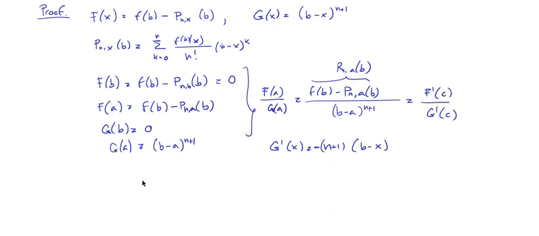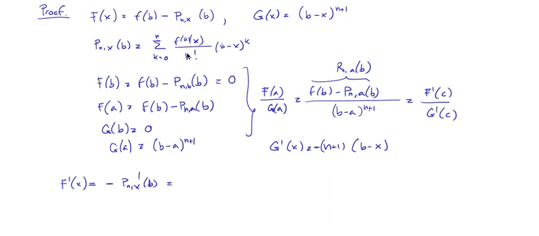And now we have to evaluate the derivative of f, right? But this is constant, and we just need to evaluate the derivative of this. So we have f prime at x is minus pn prime at x, okay?